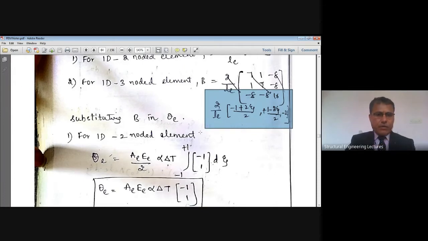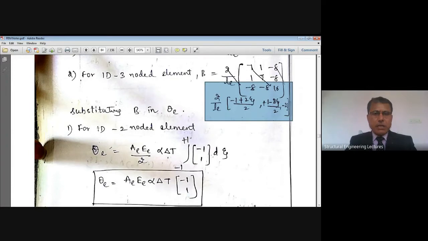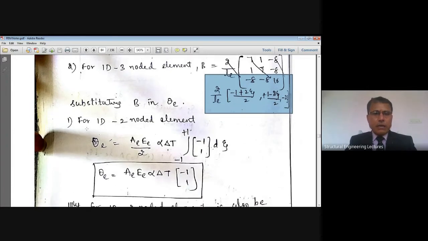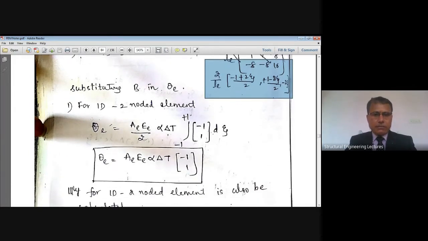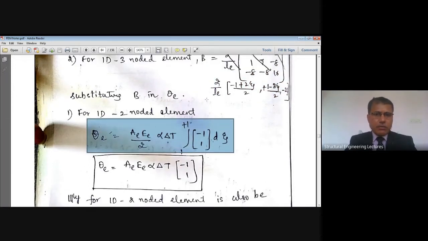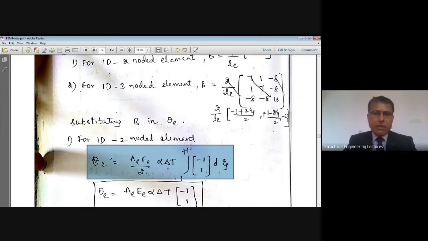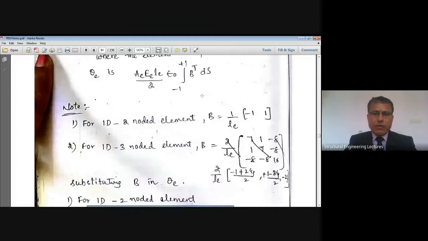Then for the 1D 2-noded element, the element temperature load vector theta E: you substitute this B, where B is nothing but 1 by LE times minus 1 plus 1, in the integration, and you do the integration.